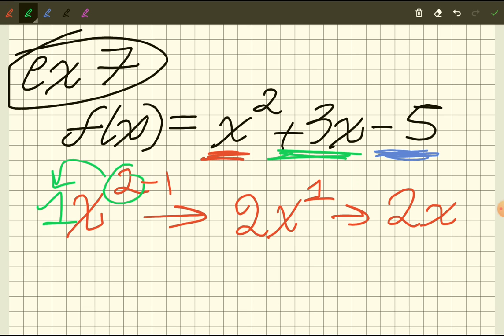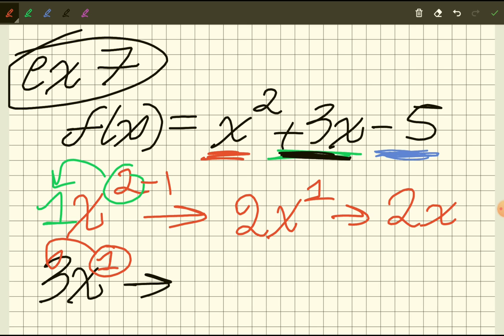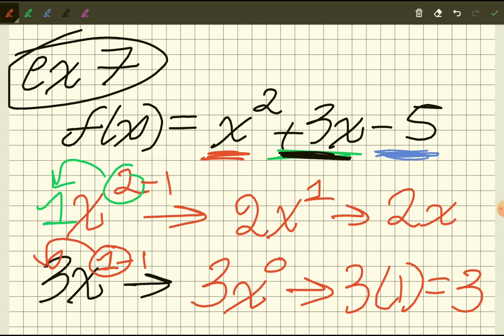And now we're going to take this piece, 3x. Isn't that really just 3x to the 1 power? And so we multiply, just like we've been doing, the exponent and the coefficient to give you 3. Keep that x there. Don't forget to subtract 1 from the original exponent. But really, isn't that just 3 times 1, which is 3? Because anything to the 0 power is 1.